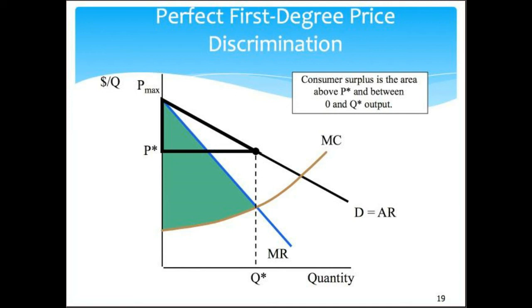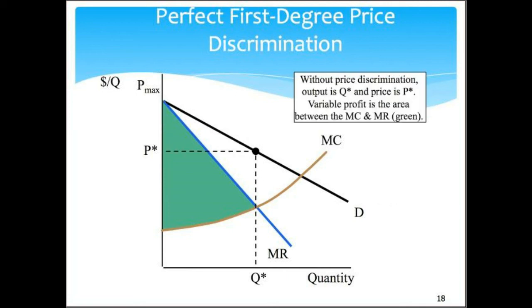Now, let's go towards first-degree price discrimination, where the firm on each and every customer charges a different price. In other words, if we look at the last two slides, those were monopolies. Those were a single price for every customer.